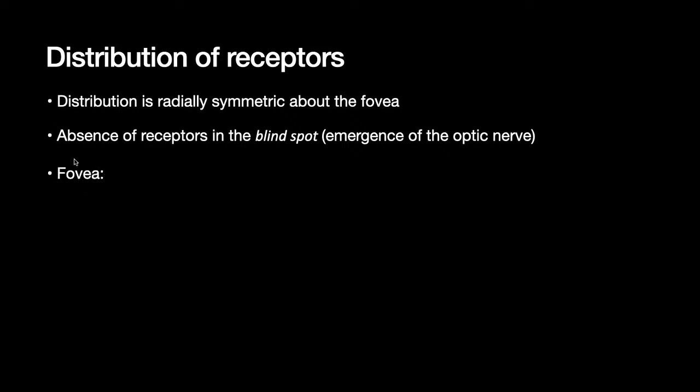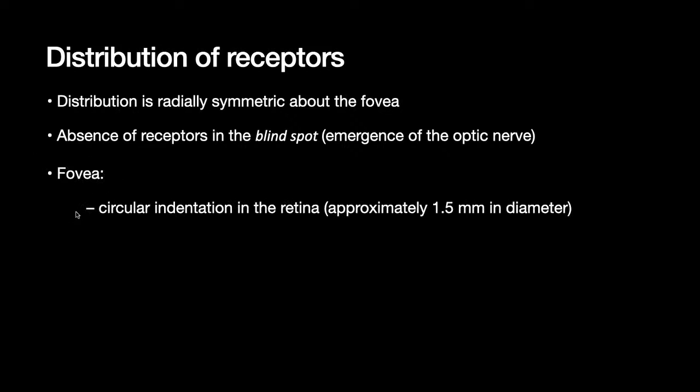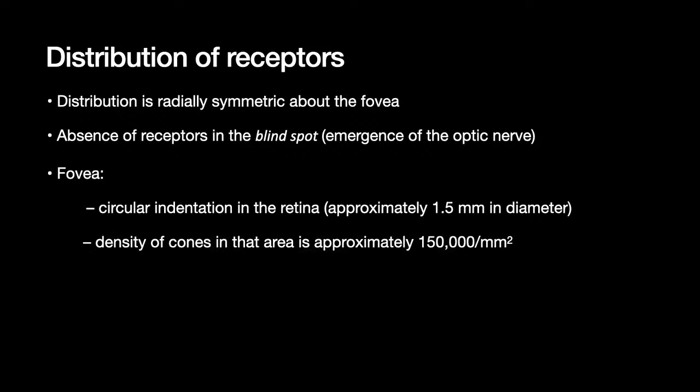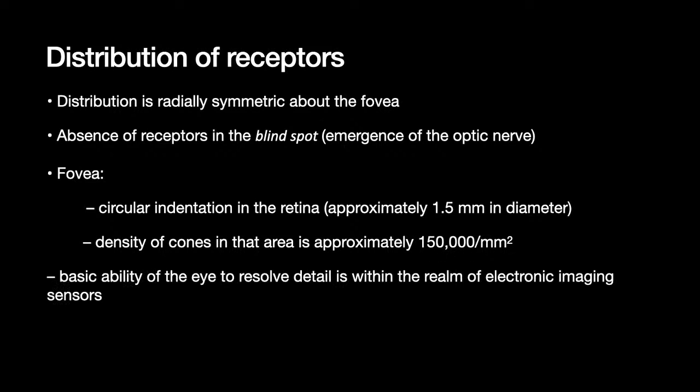Then the fovea is a circular indentation in the retina about 1.5 millimeter in diameter, and most of the image formation happens in the fovea. The cone density is very high in the fovea.